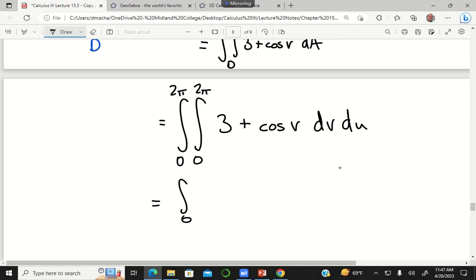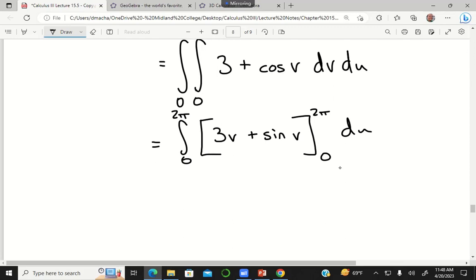So here's the integral from 0 to 2 pi, and the antiderivative with respect to v is going to give me 3v plus sine v, evaluated at 0 and 2 pi. If I plug in 0, sine of 0 is 0, so the whole thing is 0.